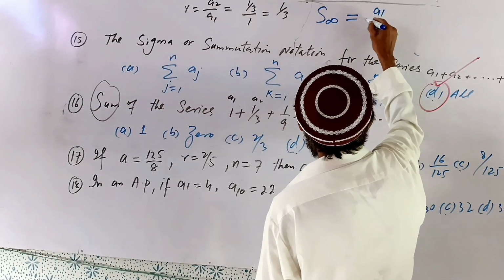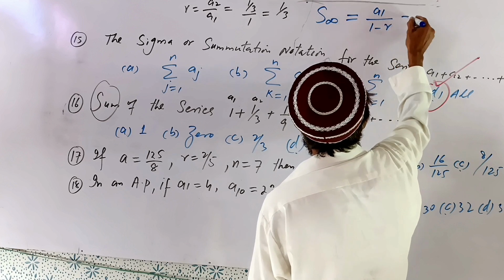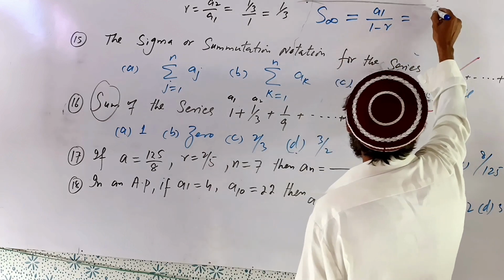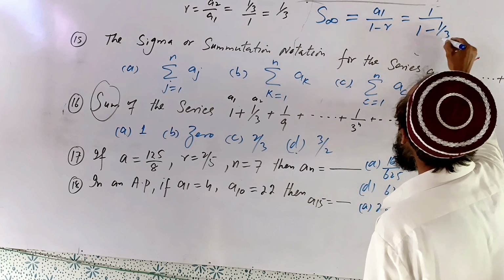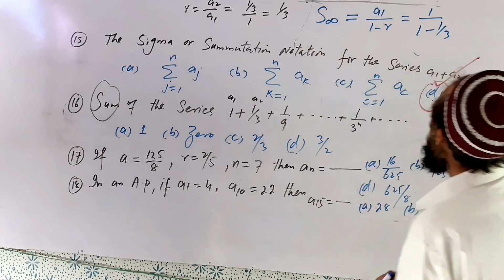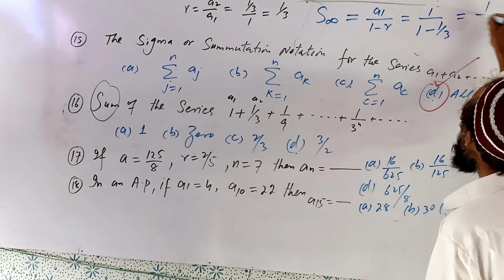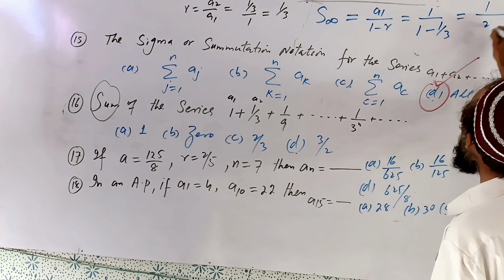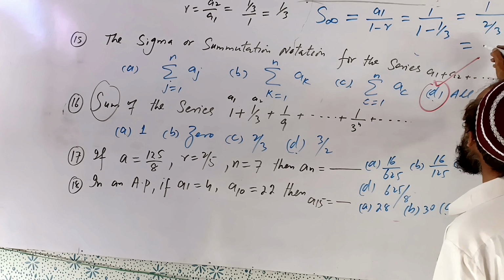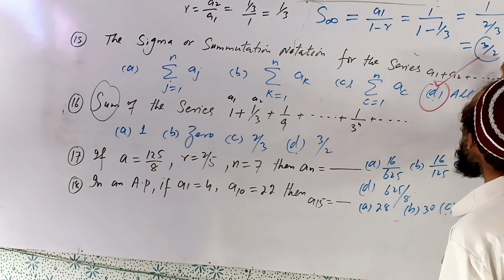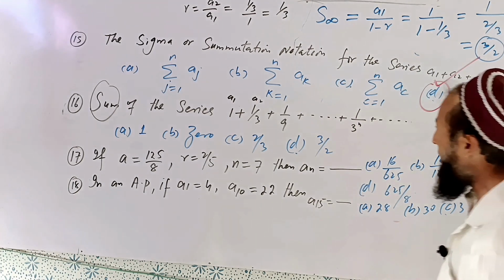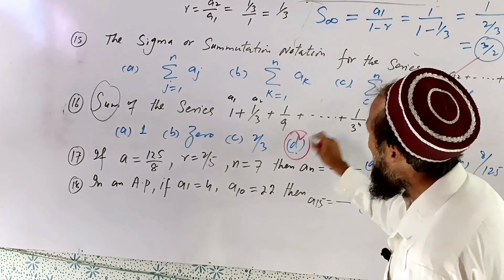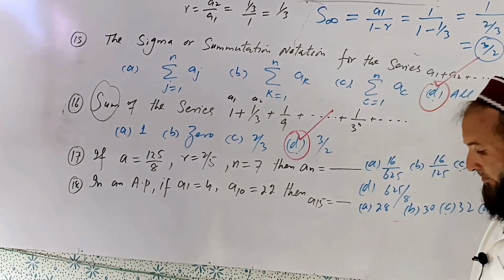We write a1 divided by 1 minus r. A1 is the first value, 1, and r we already calculated. If we take the LCM here, we get 2 divided by 3, and this will give 3 divided by 2. The answer 3 divided by 2 is the correct option. You check here, option D is the correct option.